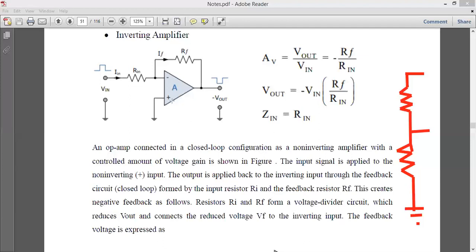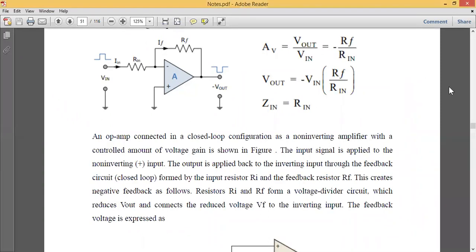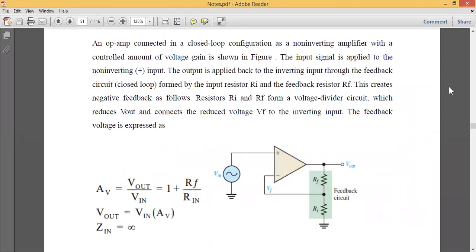The feedback voltage, feedback voltage का मतलब होता है, here it is VF, is expressed as follows, because equations are more important when you analyze such applications of op amp. Therefore, basically we go for analysis of those voltage diagrams.